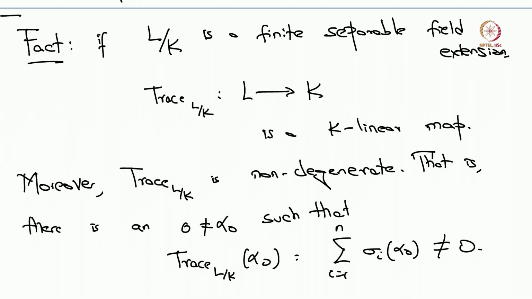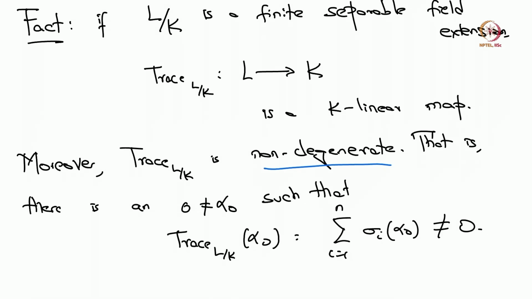So when you have a finite separable field extension, the trace function is non-degenerate, and what that means is that there exists an alpha naught with the property that its trace is non-zero.